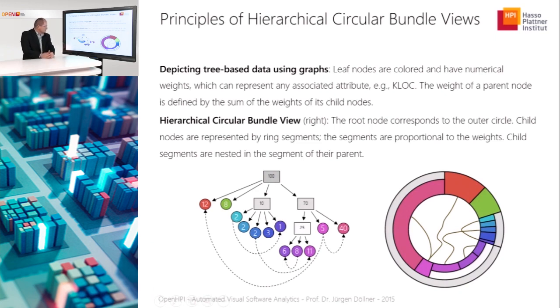Now let's extend this example by adding relations. Relations among leaf nodes are indicated in this diagram-based depiction by dotted arrows. And the question is, how can this kind of information be visualized in a more space-efficient, more compact way?